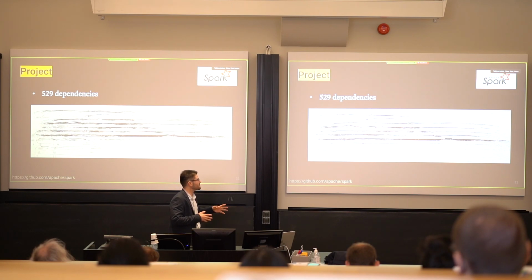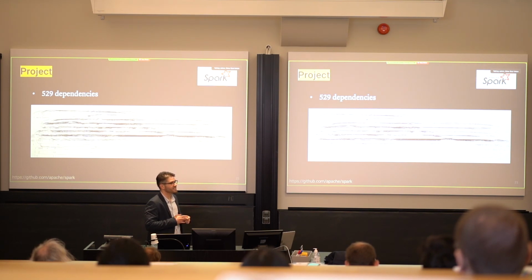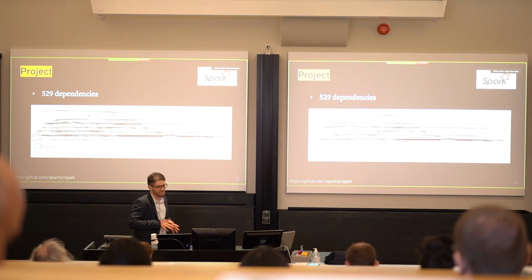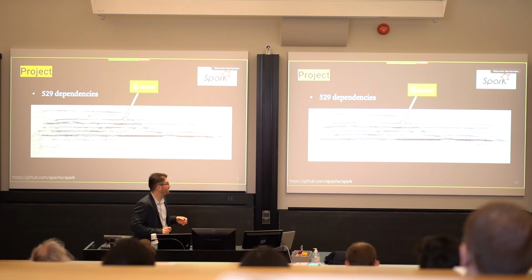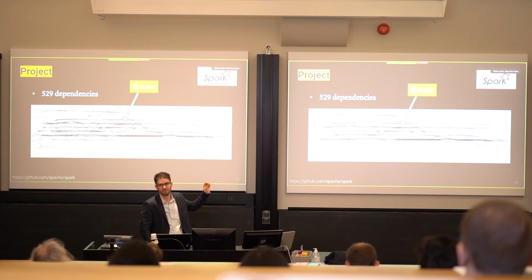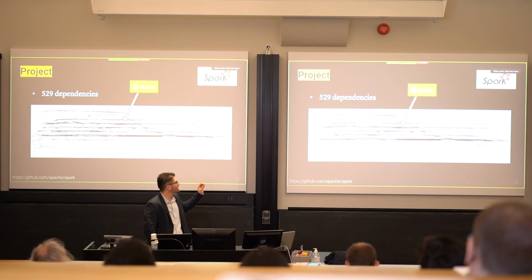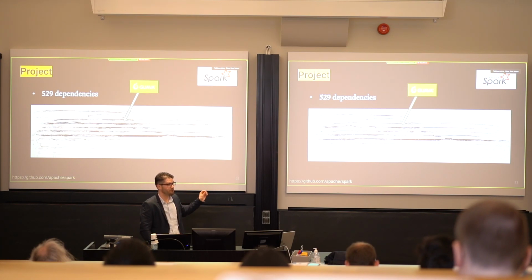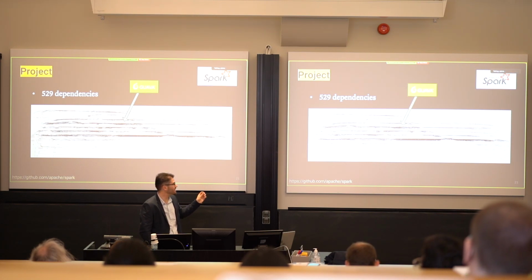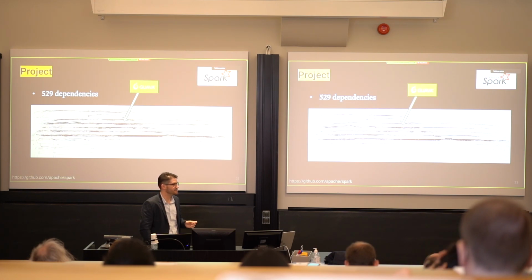And what you see is a real representation, as a picture, of the dependency tree of Apache Spark. And there, Guava is just one tiny node. So as you can see, this is very complex. For developers, handling this complexity is really difficult.